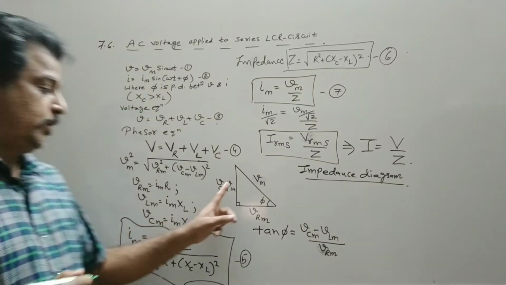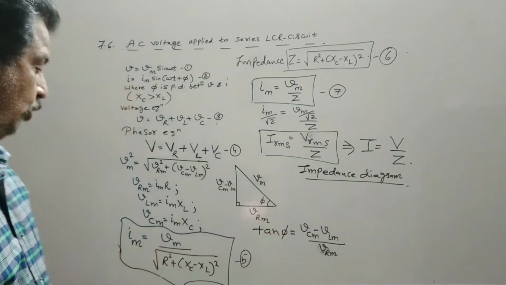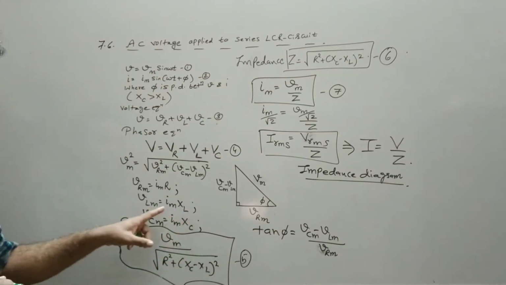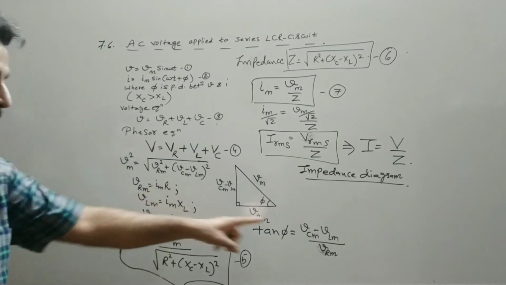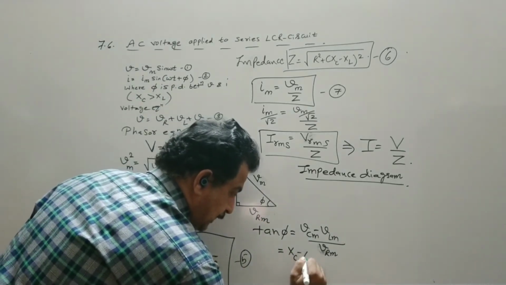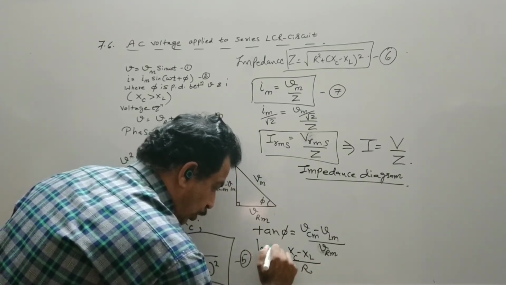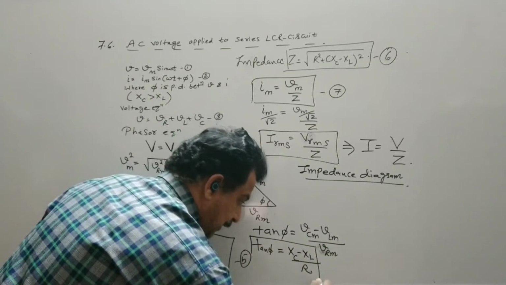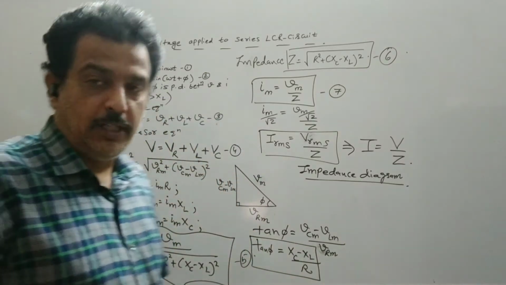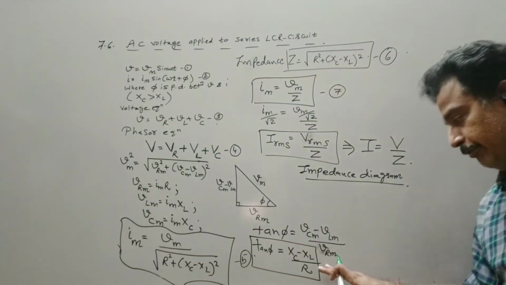So from this equation also I can find the phase difference between V and I. Now VCM can be written as IMXC, similarly IMXL and IMR, and IM can be taken common. So this can be written as (XC minus XL) upon R. So this is tan phi, which is neither 90 degrees nor 0 degrees, so you have to find this value.